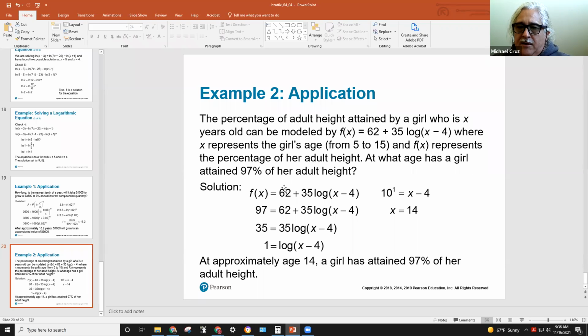So f(x) is the percentage, so we're just going to replace that with 97 there. And then the 62 plus 35 log of x minus 4 stays the same because we don't have anything to put in there. The only thing we need to do is to get that x out of captivity and find out what it's equal to.